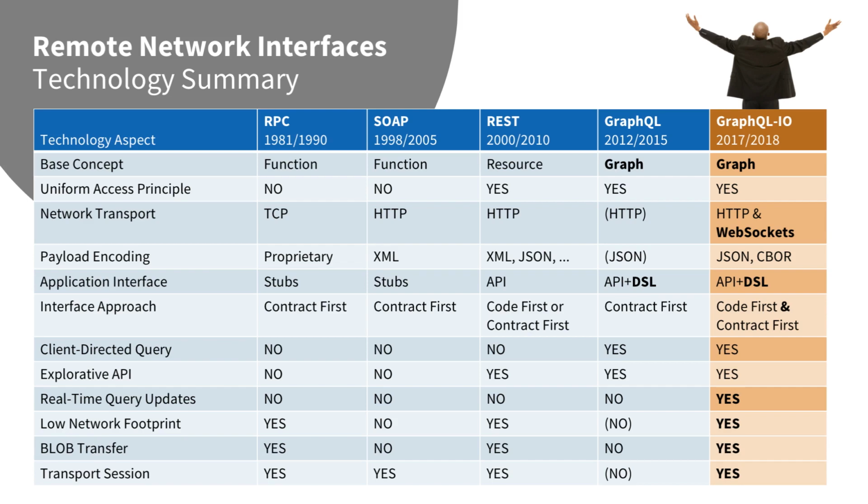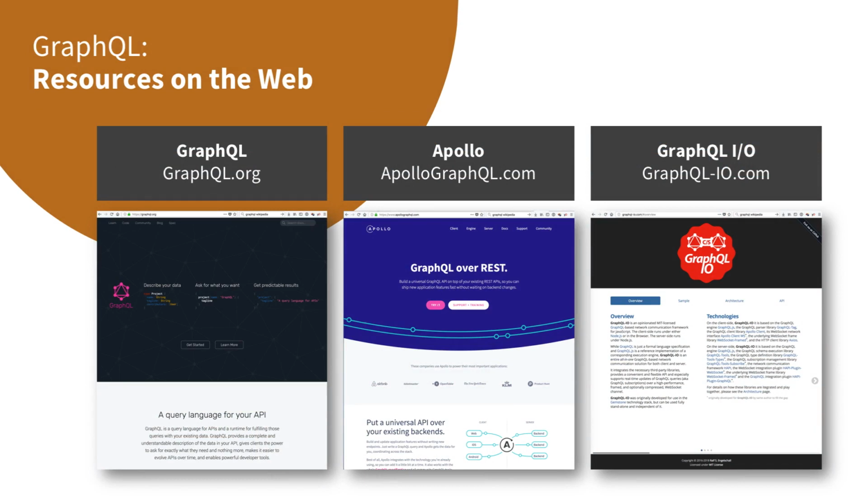The low network footprint of RPC and REST is once again possible with Graphql-io because queries are compressed, and there's even with CBOR instead of JSON compressed framing over WebSocket. You can also do blob transfers, and even the transport sessions as in REST are once again provided by Graphql-io.